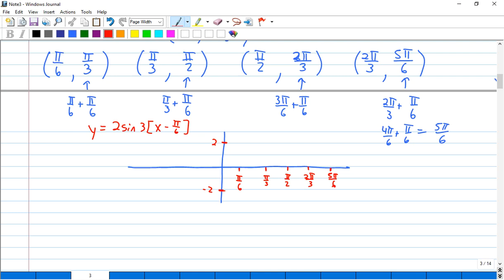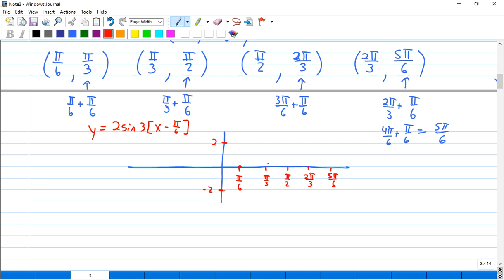Now remember the pattern for sine. Sine starts at y equals 0. Right? Well, it starts at x equals 0 and y equals 0. But we're starting at pi over 6 because there's a phase shift. That's our starting x point. But we usually start at y equals 0 right here.